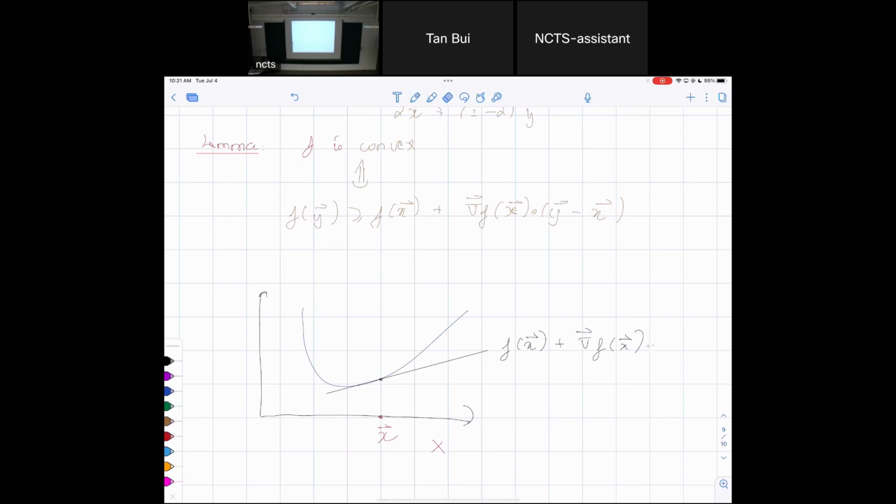Because the gradient is now a vector, and this by itself is a vector in general. So this is a linear approximation of the function at point x. If the function is convex, then you see that at any value, the function itself is always higher than the linear approximation. This is what it means, right?